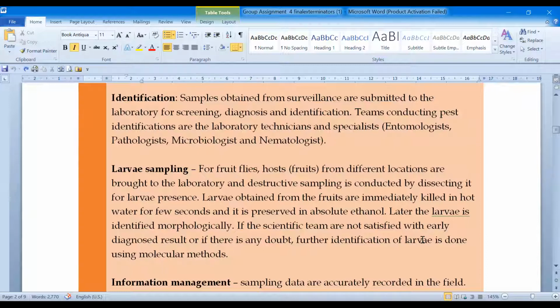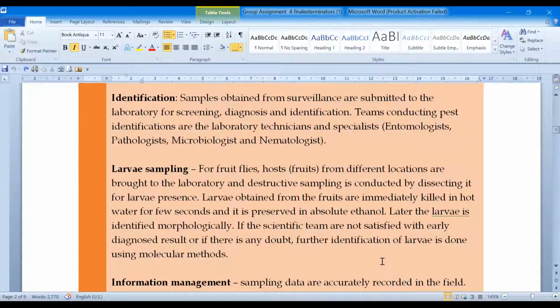And then the sampling of the larvae. For fruit flies, host fruits from different locations are brought to the labs, and destructive sampling is conducted by dissecting it for larvae presence. Larvae obtained from the fruits are immediately killed in hot water for a few seconds, and it is preserved in absolute ethanol.